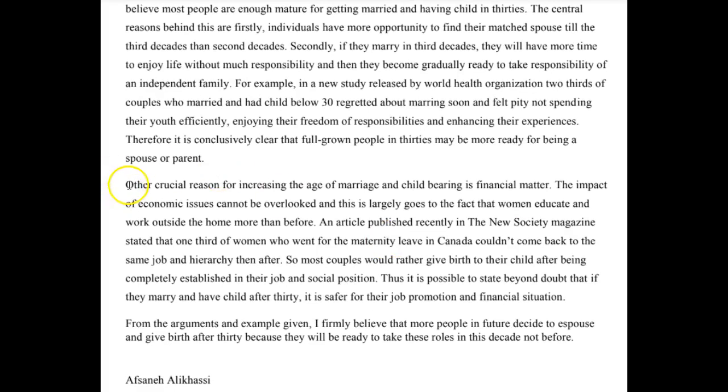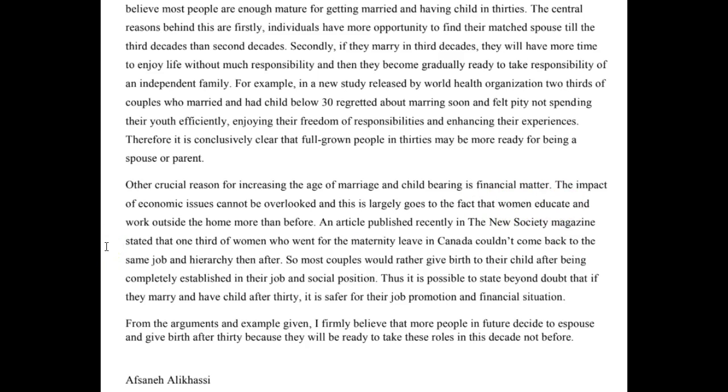Another crucial reason for increasing the rate of marriage and childbearing is financial matters. The impact of economic issues cannot be overlooked, and this largely goes to the fact that women become educated and work outside the home more than before.